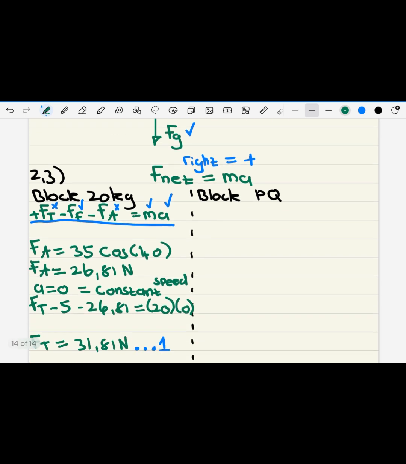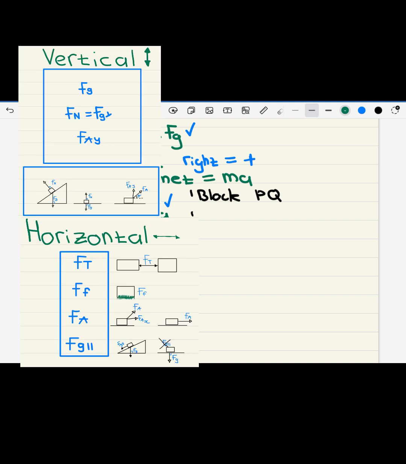What forces do you guys see? Remember to use the vertical and horizontal forces that I've labeled out as a checklist. What do we see? We see positive Fg and down, right and down, is equal to positive.